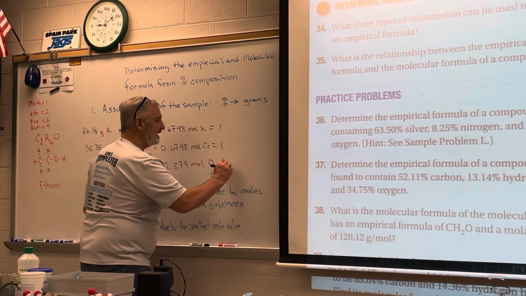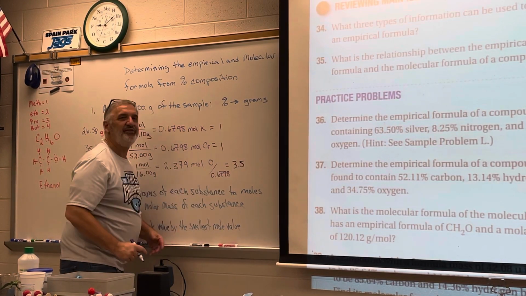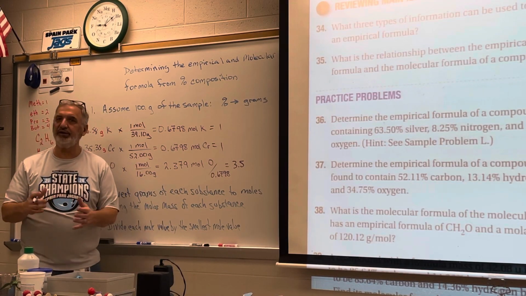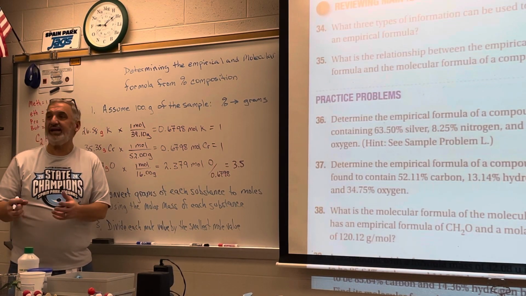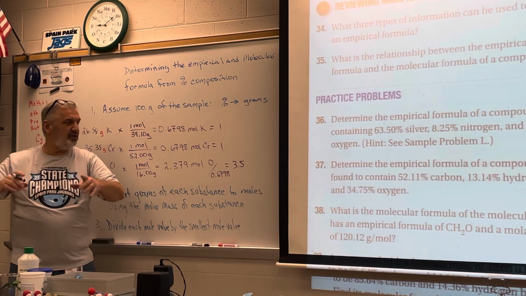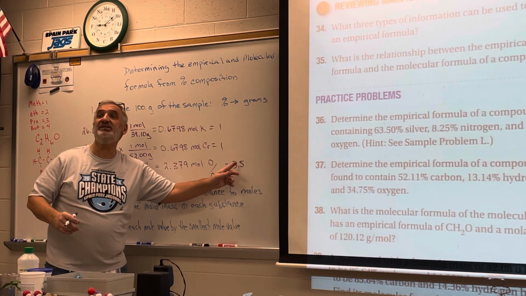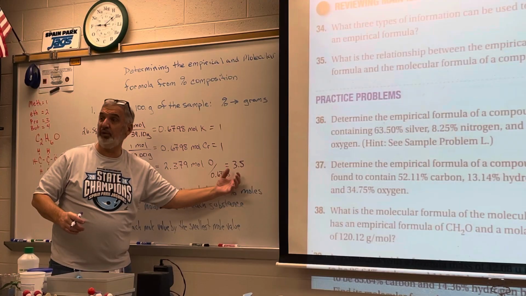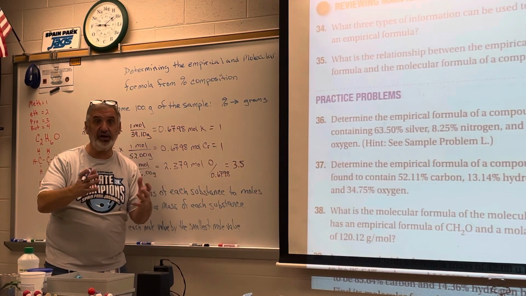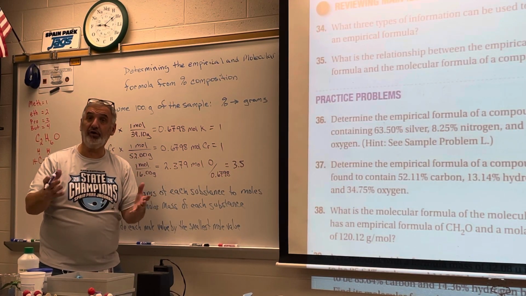3.5. Now y'all, that is not close enough to round to 3 or 4. That's going to be right in the middle. You need to be, again, this decimal needs to be 3.05 or 2.95. Then you can round it off to a 3 or a 4.